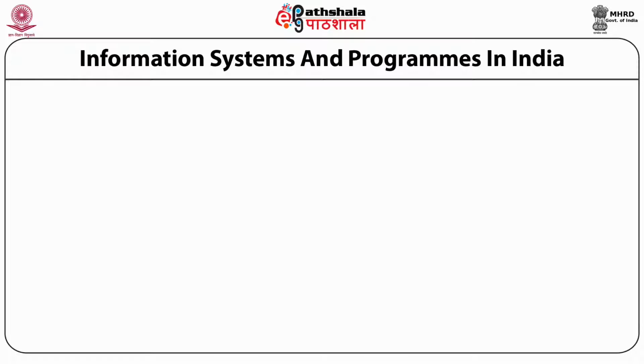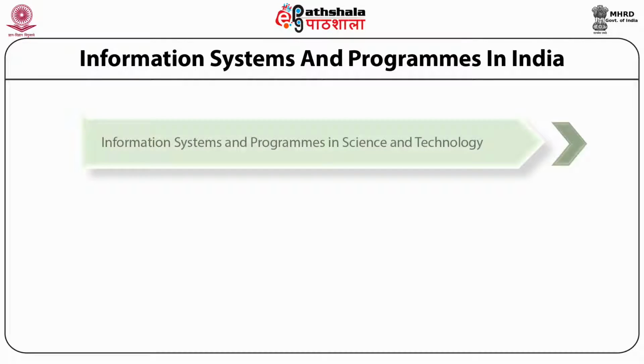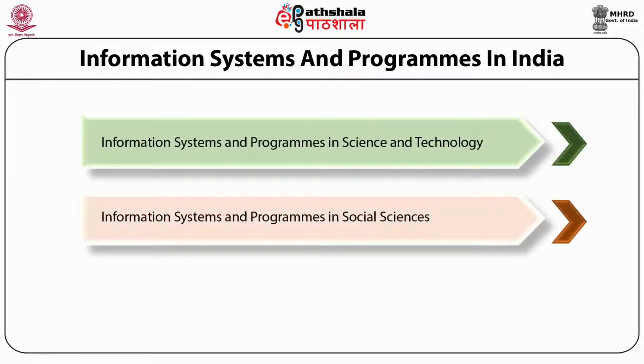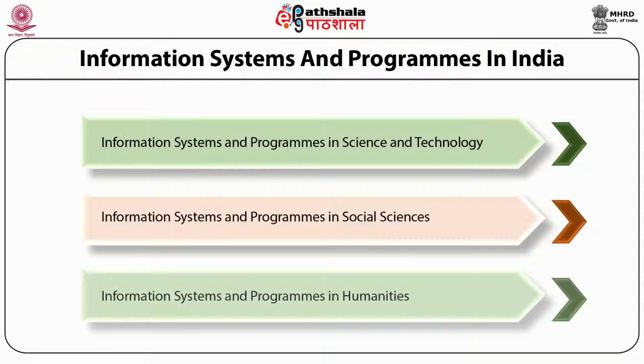These can be put in three categories: information systems and programs in science and technology, in social sciences, and in humanities. When we talk about information systems and programs in India, we have these programs available in various subject areas.